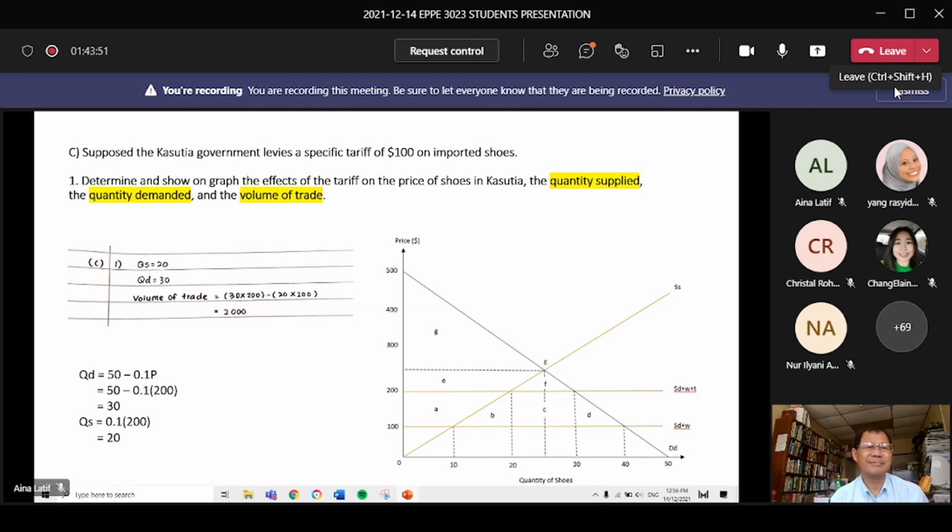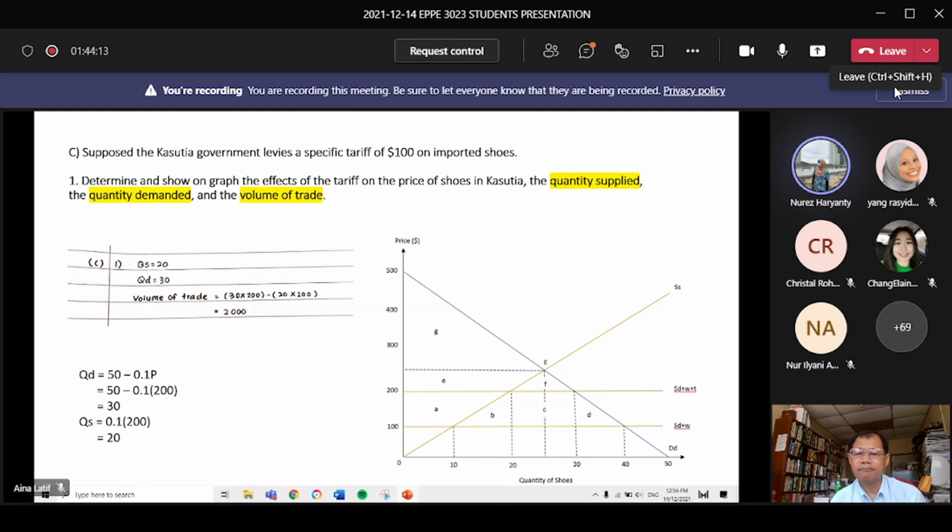For question C, suppose the Kasutia government levies a specific tariff of $100 on imported shoes. The first question: determine and show on the graph the effect of the tariff on the price of shoes in Kasutia, the quantity supplied, the quantity demanded, and the value of trade.